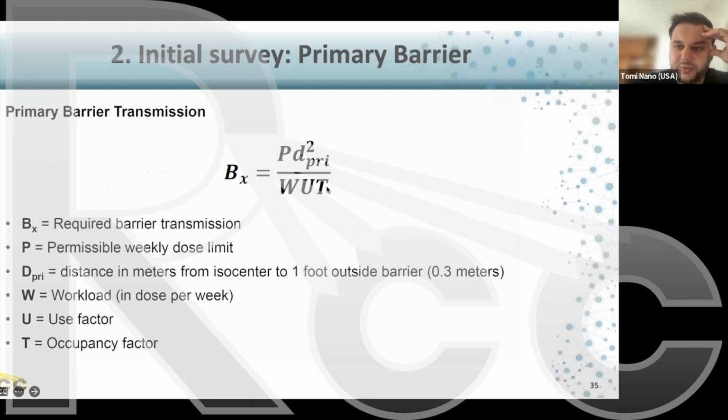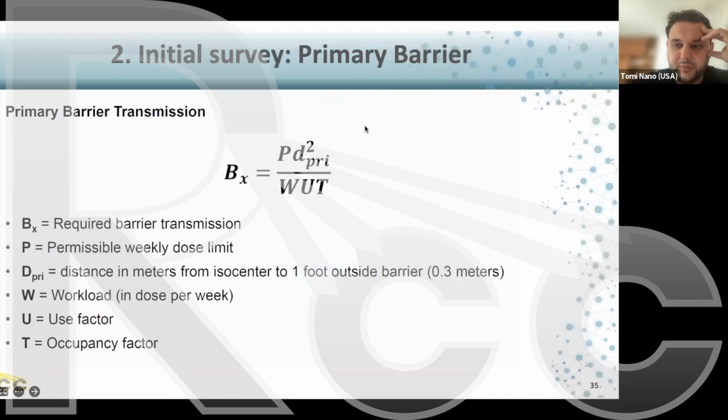this is what we use to determine the adequate thickness of a certain shielding material, depending on what the material is: concrete, lead, heavy concrete, sometimes dirt, so just soil or the ground is used. But what we want to do is determine the required barrier transmission, and then this will tell us the thickness that we need.